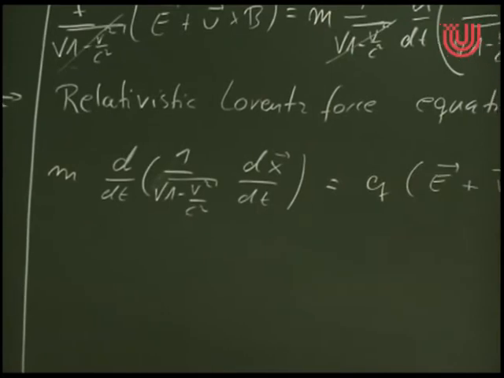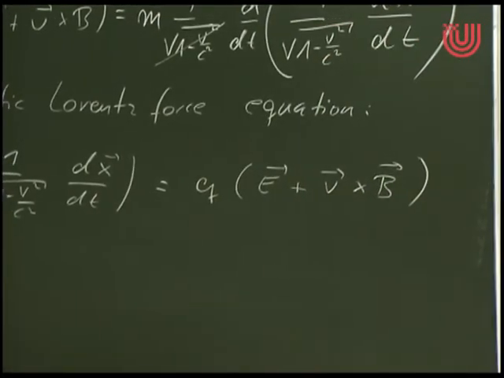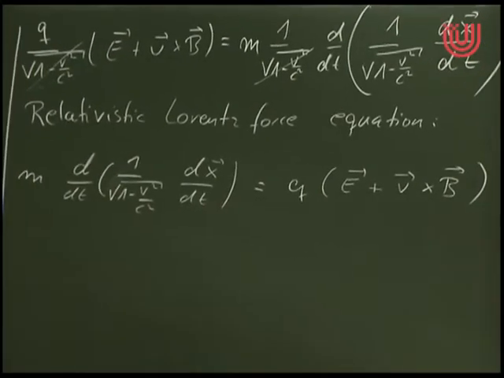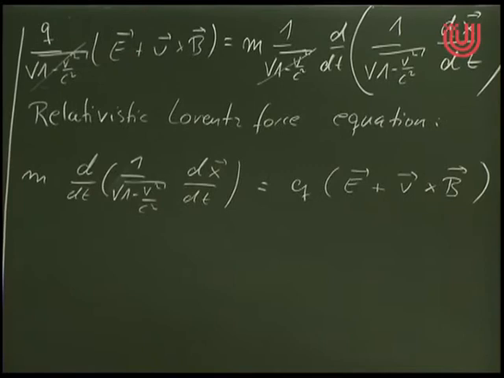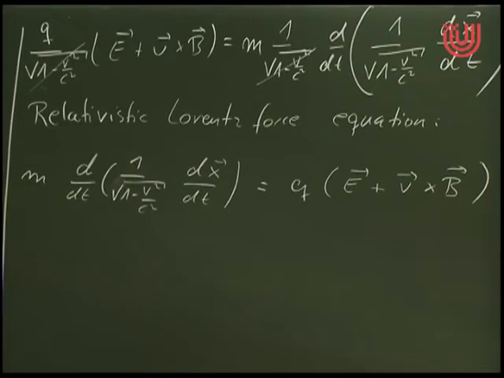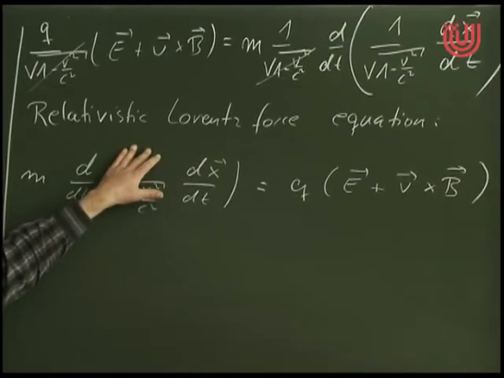So the standard formula for the Lorentz force equation is only an approximation. It doesn't hold for fast particles. And actually this is relevant. So for instance, for a synchrotron, you really have to take this into account. So if you try to operate a synchrotron with a standard Lorentz force equation without this term, then it doesn't work. For a cyclotron, it does work.